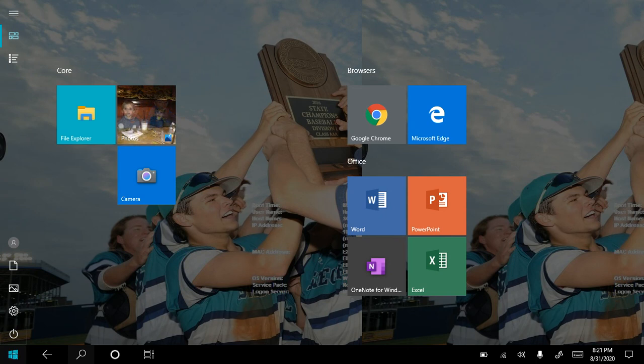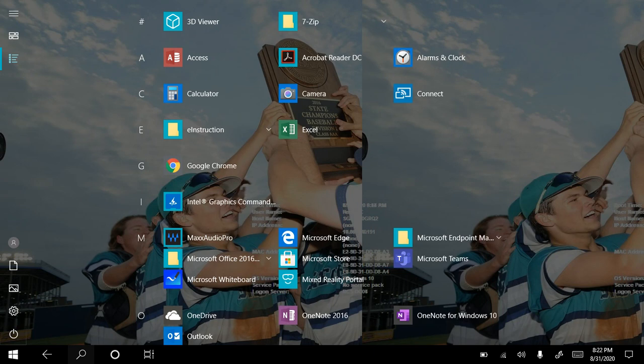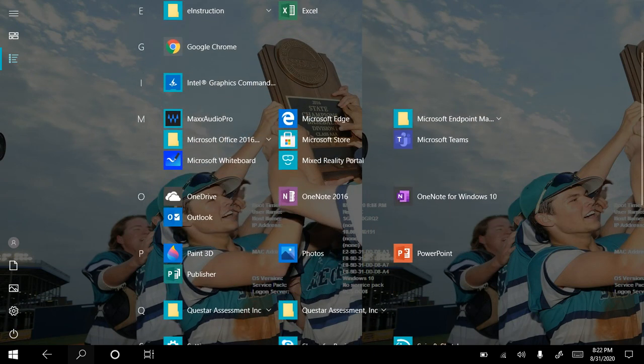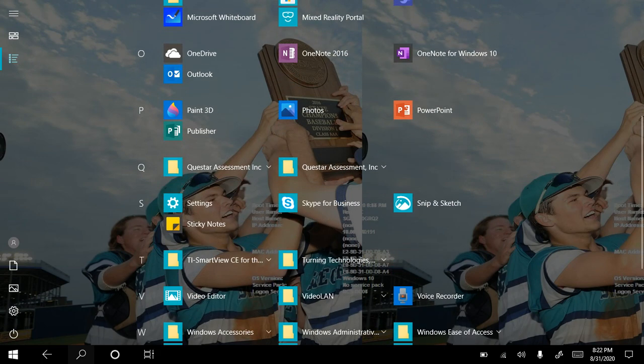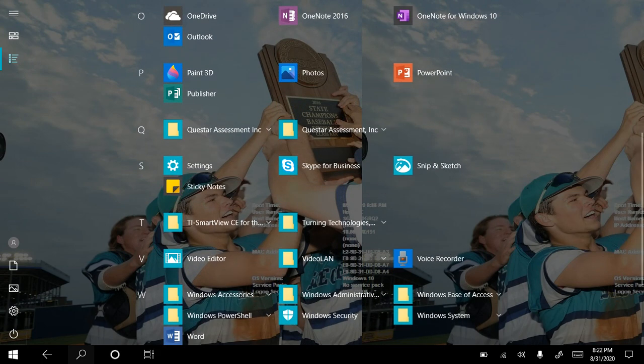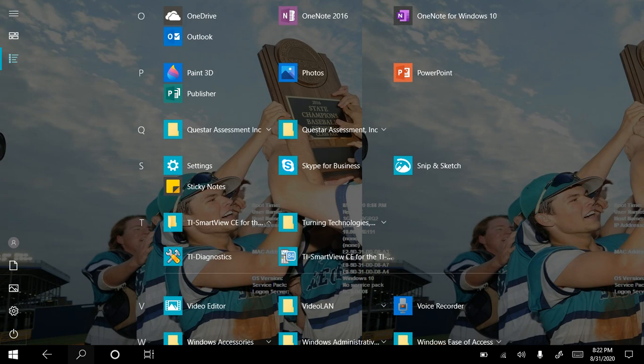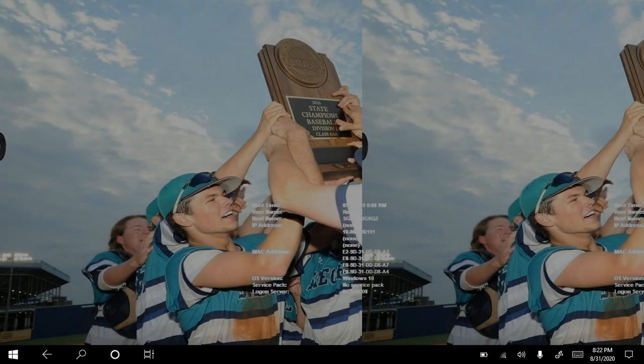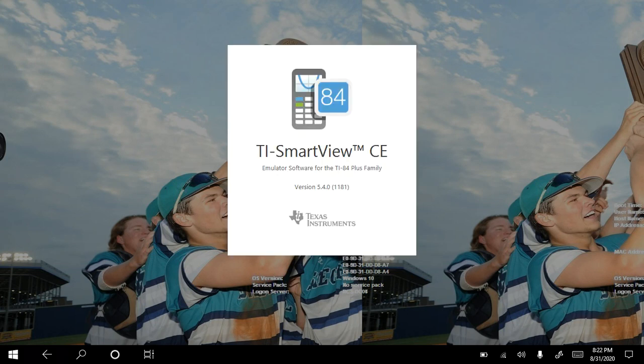Let's see if I can figure out how to do this. Here we go. Where is my TI? Smart View. All right, so I believe the calculator is going to pop up. There it is.